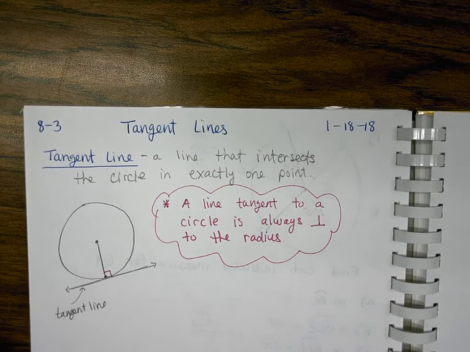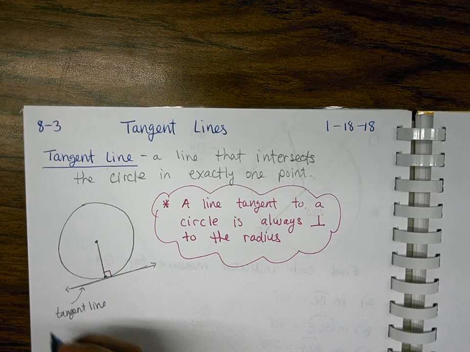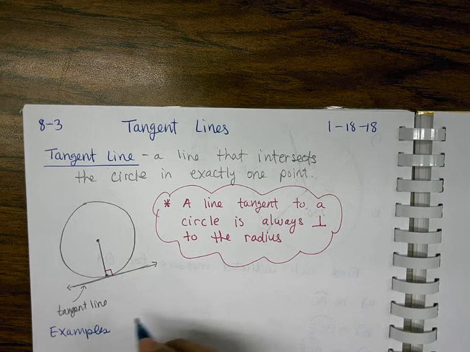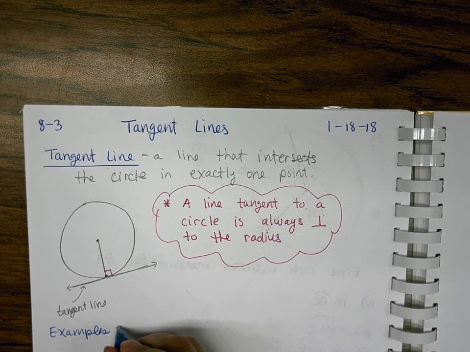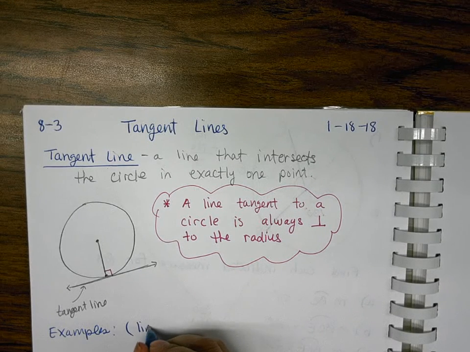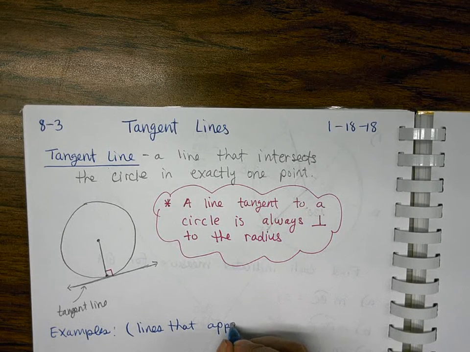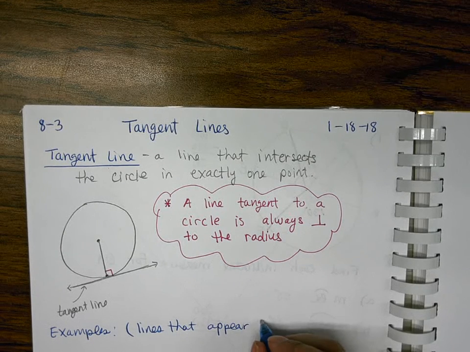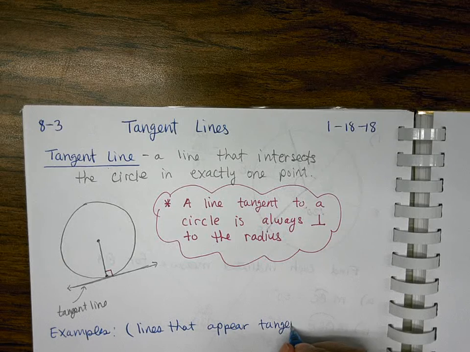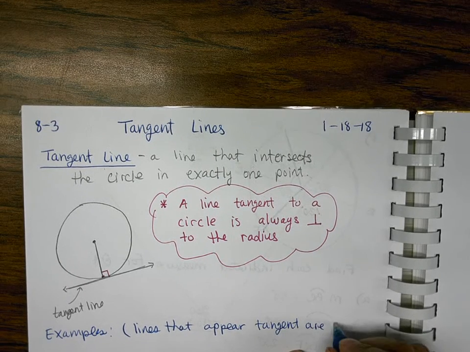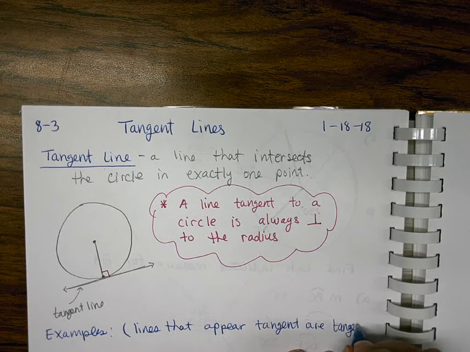All right. Examples. I'm going to put in parentheses here, lines that appear tangent are tangent.